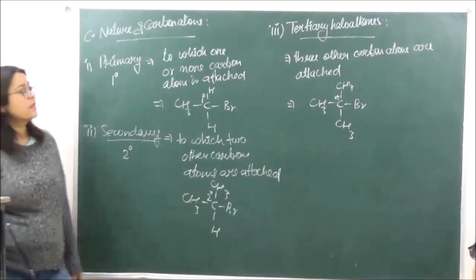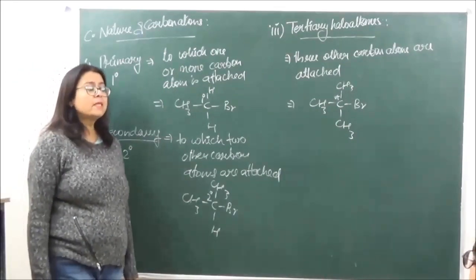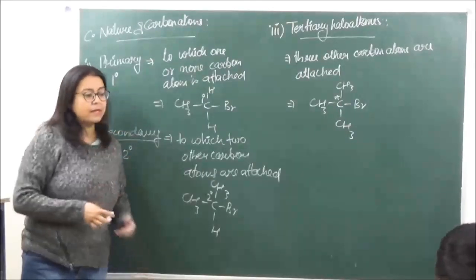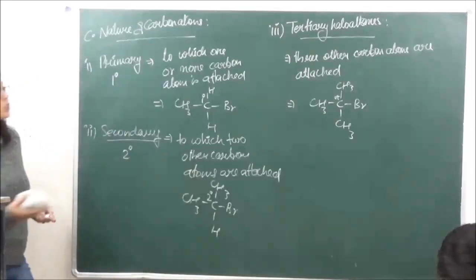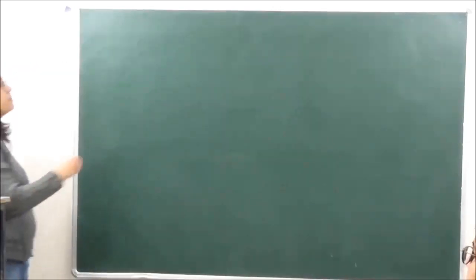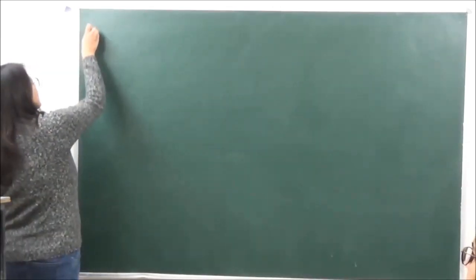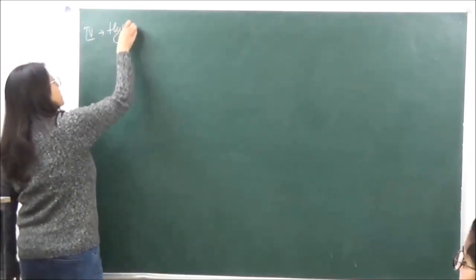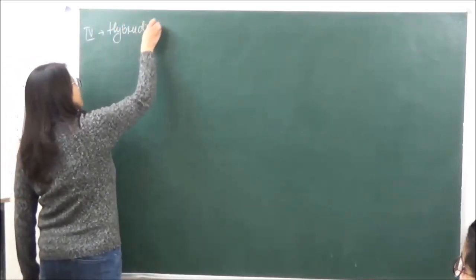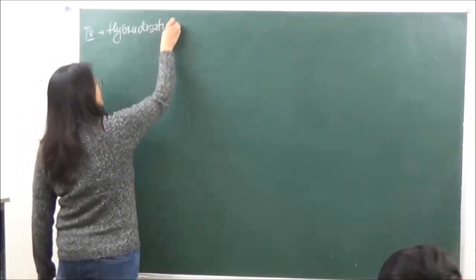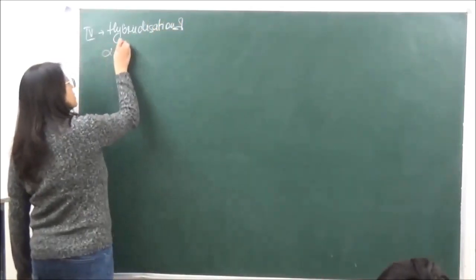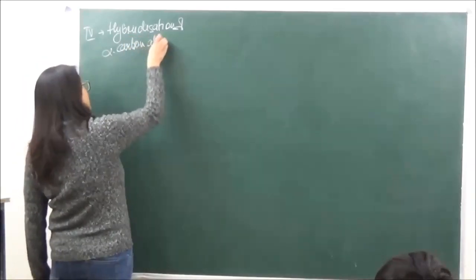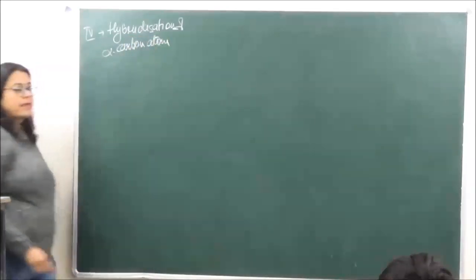The fourth classification we will do on the basis of the hybridization of the alpha carbon atom. ठीक है? So that is the fourth classification. The fourth classification is going to be based on hybridization of alpha carbon atom.